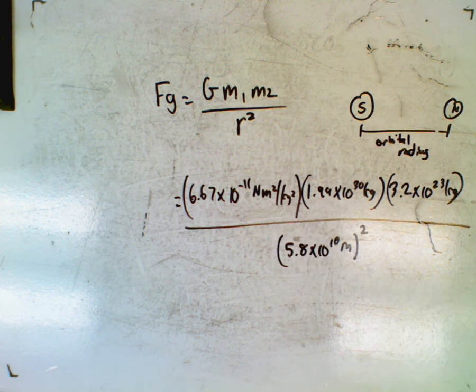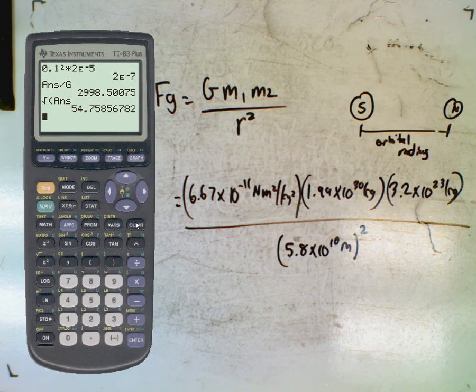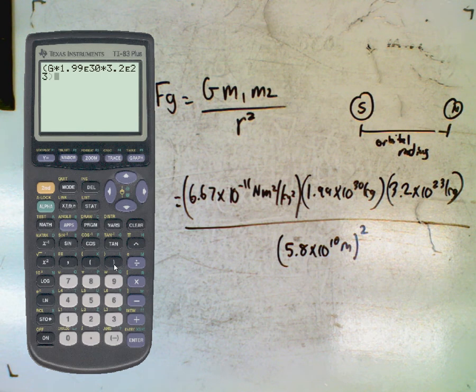So I plug all that into my calculator: G times 1.99 times 10 to the 30 times 3.2 times 10 to the 23, all divided by 5.8 times 10 to the 10, squared.